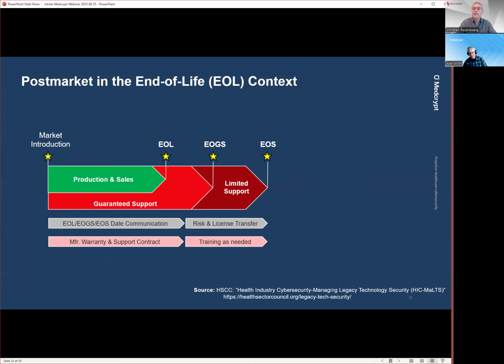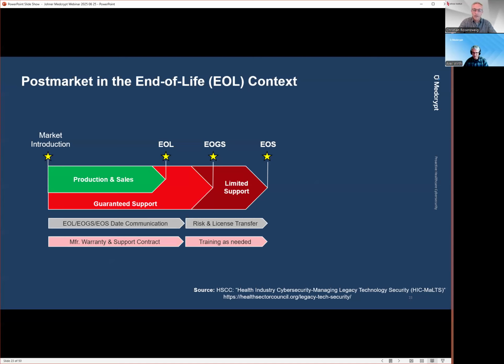What is important here is that during those stages, you continually communicate to your customers, right? End of life and end of support dates may change during the life of a product. And then once your support ends, you need to transfer not only risk, but also potentially licenses and knowledge to your customers.